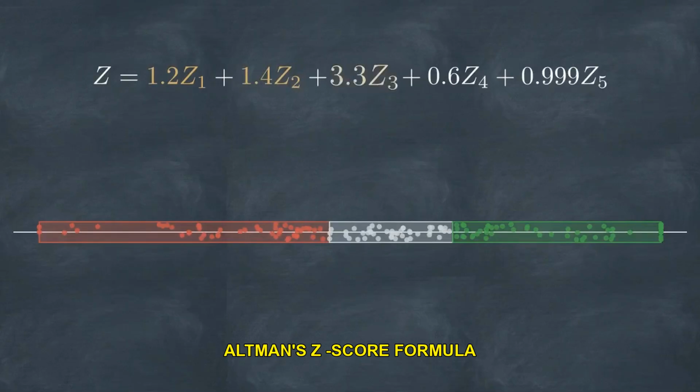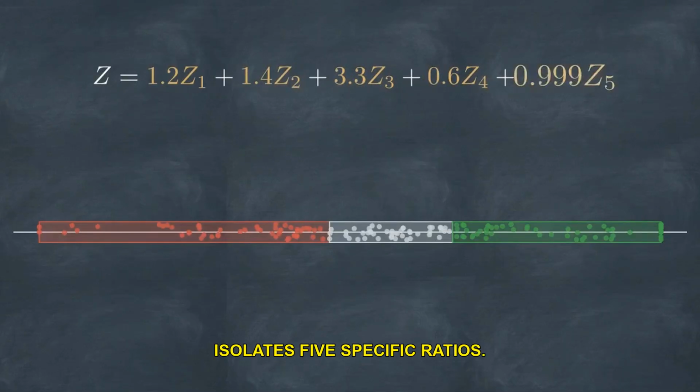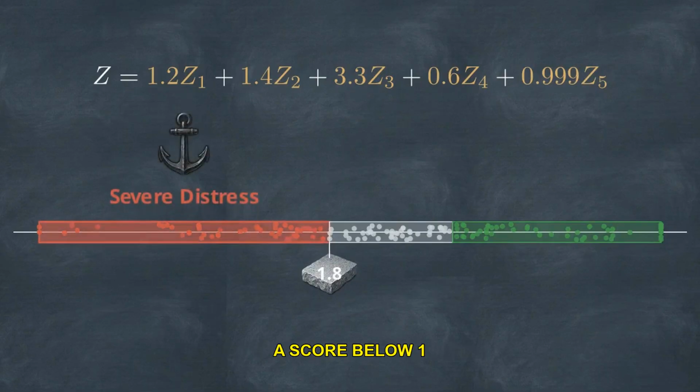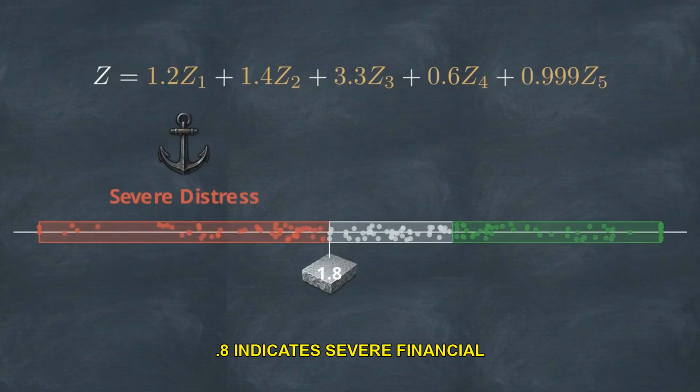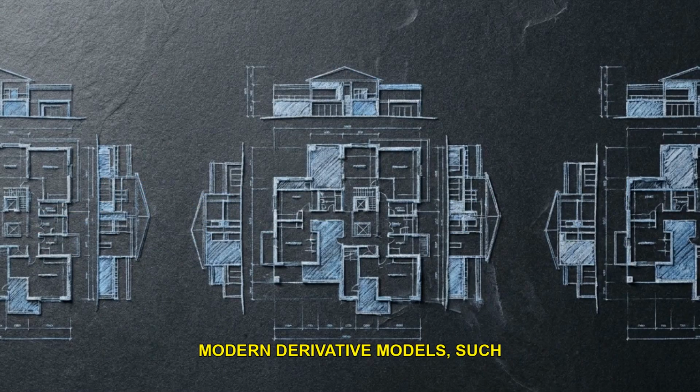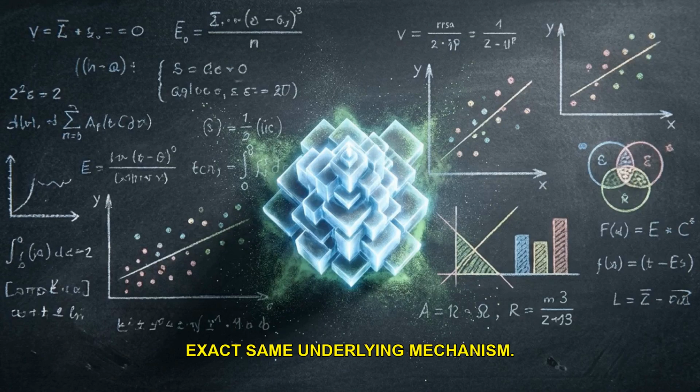Altman's Z-score formula isolates 5 specific ratios. By applying precise weights, a score below 1.8 indicates severe financial distress. Conversely, a score over 2.99 mathematically verifies a secure balance sheet. Modern derivative models, such as the Grover G-score or the Ohlson O-score, adjust these exact variable weights or add new ratios, but they all utilize the exact same underlying mechanism.